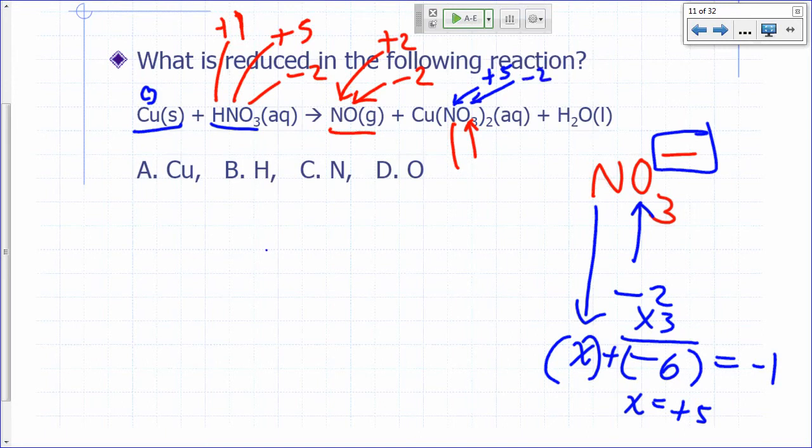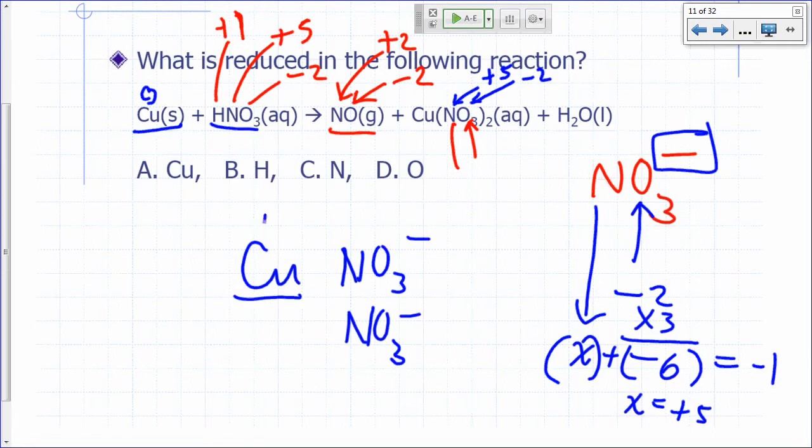So what's the oxidation number of copper here? How do you figure it out? You have copper combined with 2 nitrates. Each nitrate, remember, has a -1 charge. So what must be the charge of copper? Must be +2. So this copper right here is +2. And then finally water.